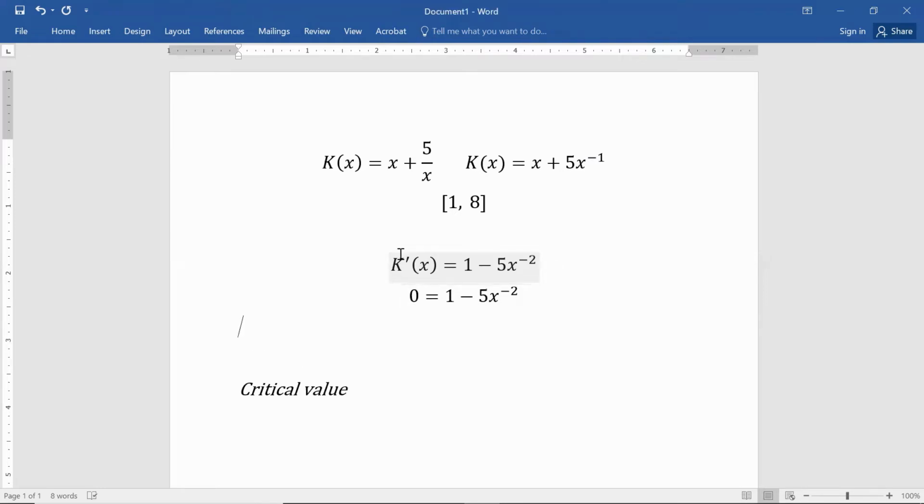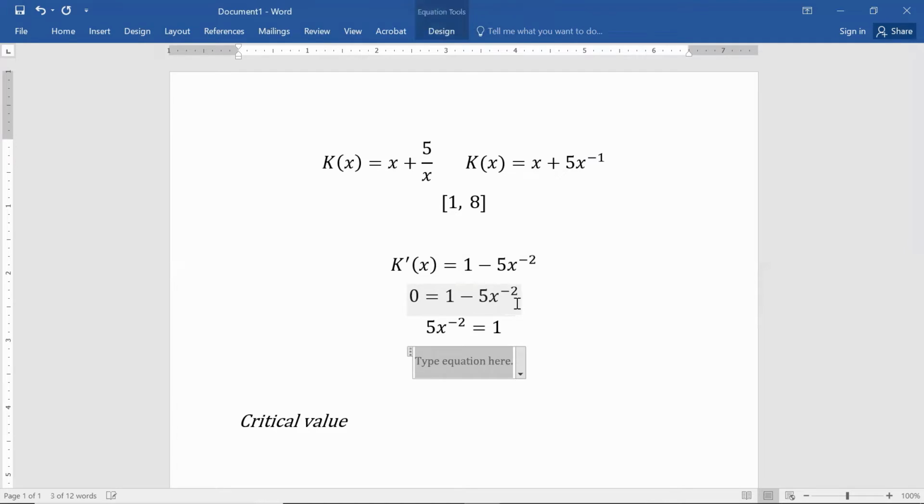Then let's solve for x. I'm going to add 5x to the negative 2 to both sides. When I do that, I get 5x to the negative 2 equals 1. Or we could also write that as 5 over x squared equals 1.